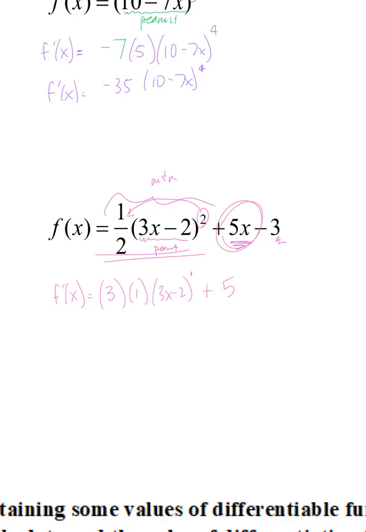And finally, I move down here to this constant. The derivative of that is 0. So let me just clean this up. This becomes 3 times (3x minus 2) plus 5. That is not in factored form, so I'm going to distribute, which gives me 9x minus 6 plus 5. And then combining like terms, I get 9x minus 1.